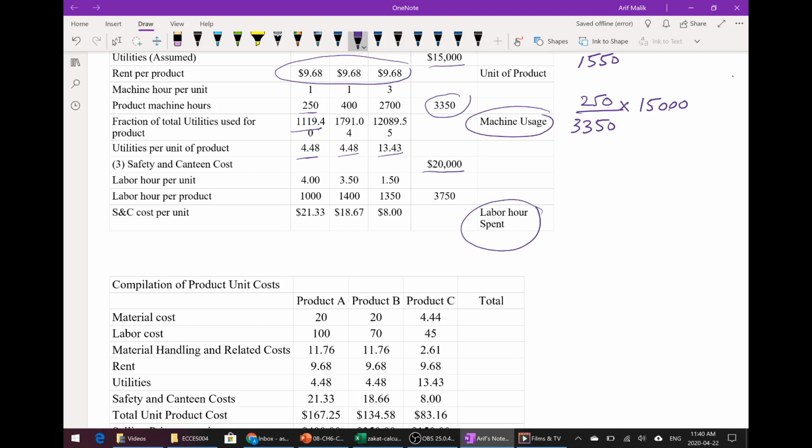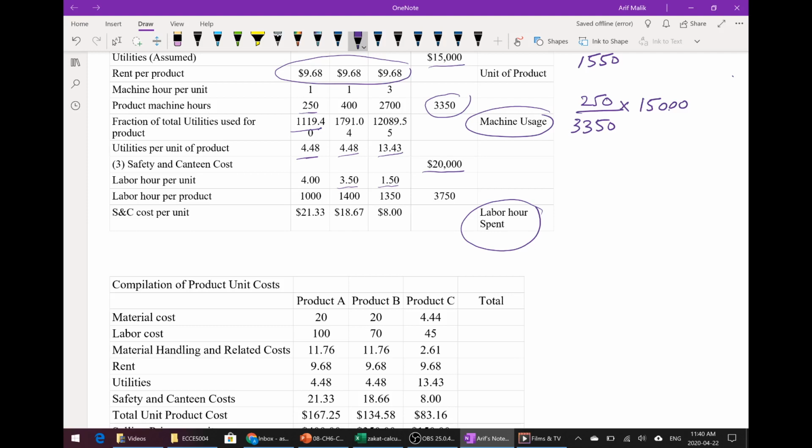The labor hours for each type of product are 4 per unit for product A, 3.5 for product B, and 1.5 for product C, labor hours per unit.